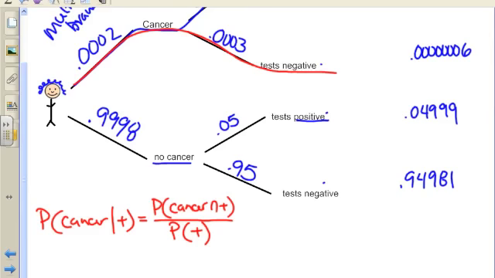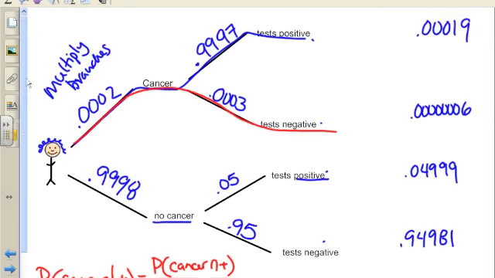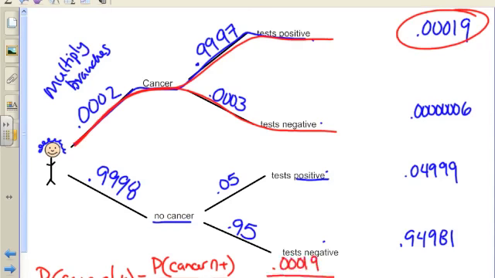So, probability of cancer and positive. Wow, that's the one I just covered up. Okay, here, this was the probability of cancer and testing positive. So here is my result. I even already multiplied it. Beautiful. So that's going to go on top, 0.00019. Now I need to divide by the probability of testing positive.